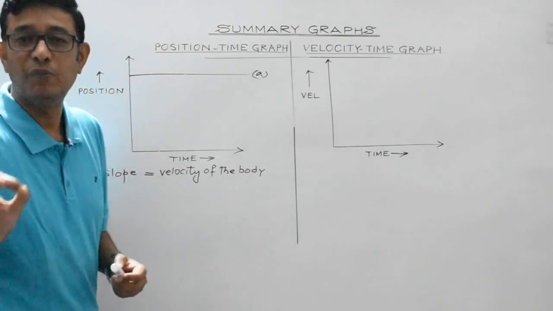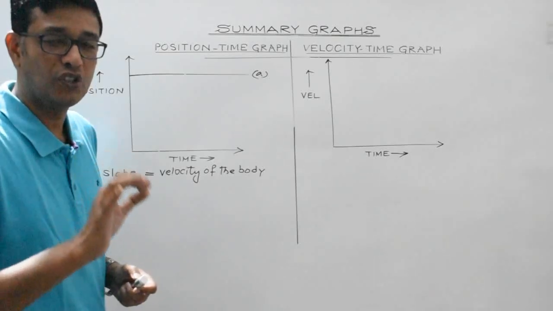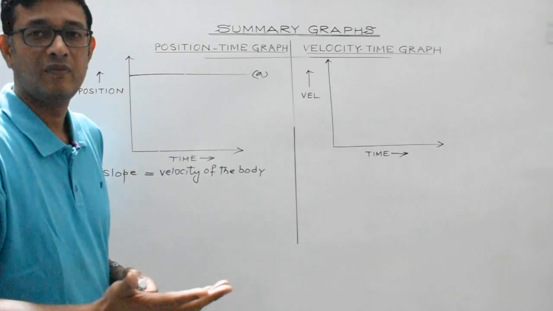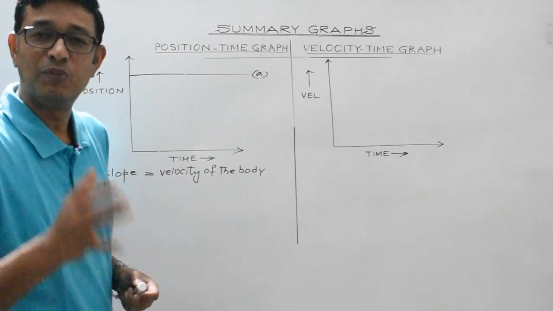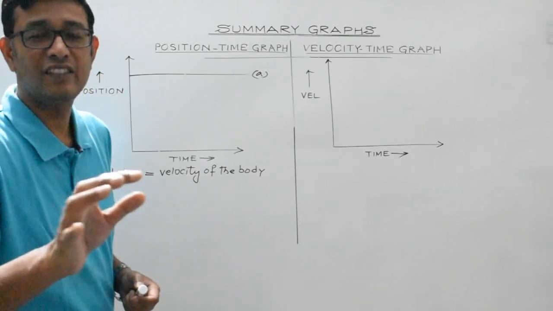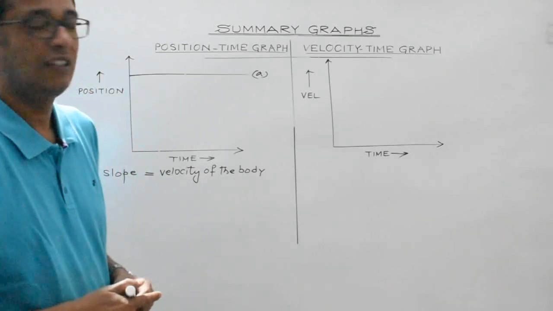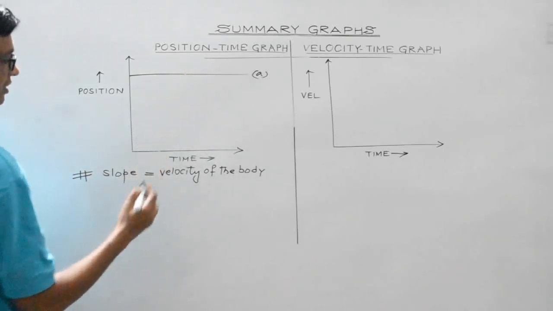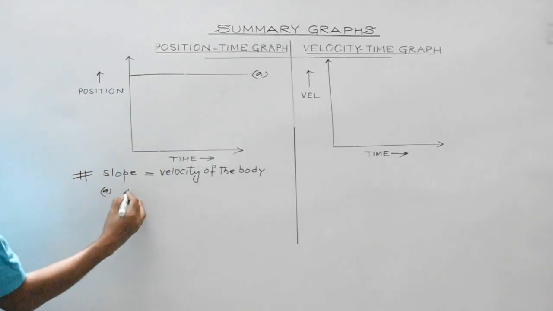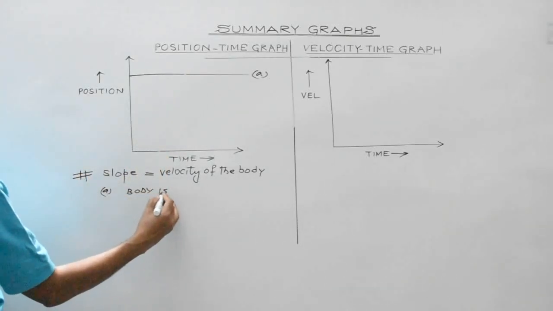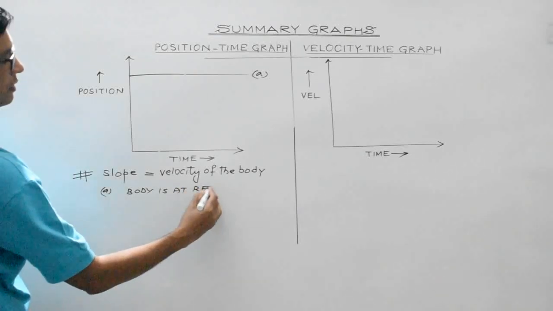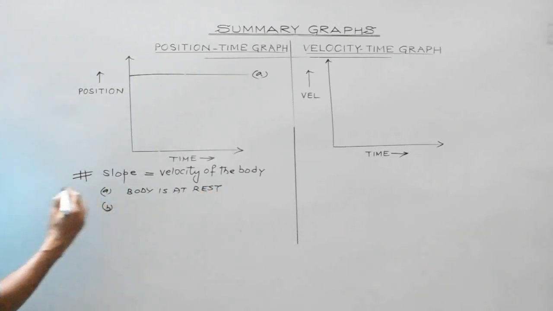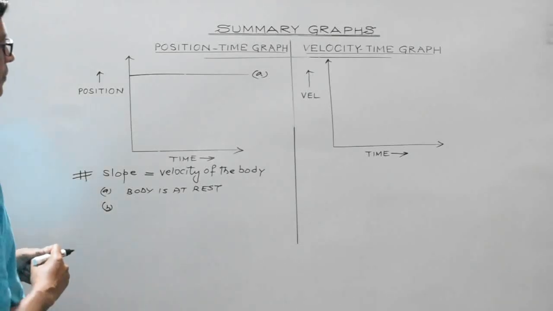So basically, the body is not changing its position with the passage of time. It means that the body must be at rest. It must not be moving at all. So in this case, A represents body is at rest. Clear, students? This is A.